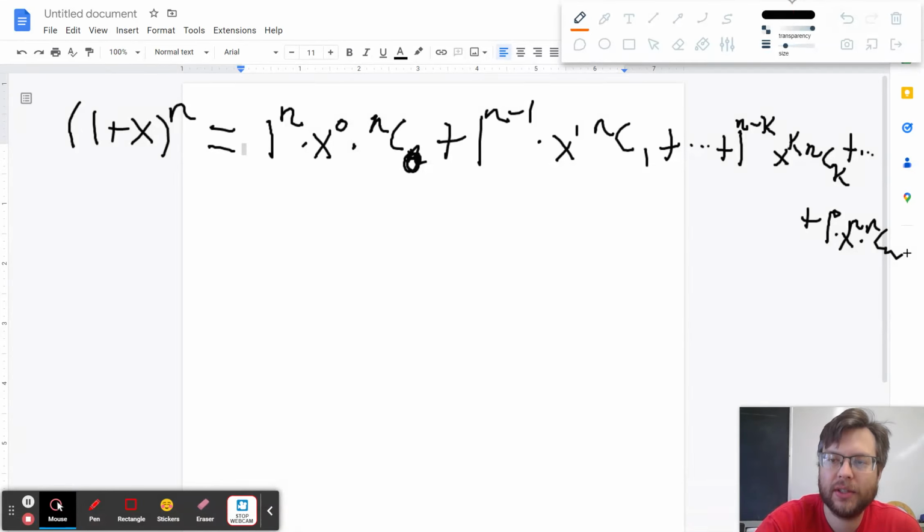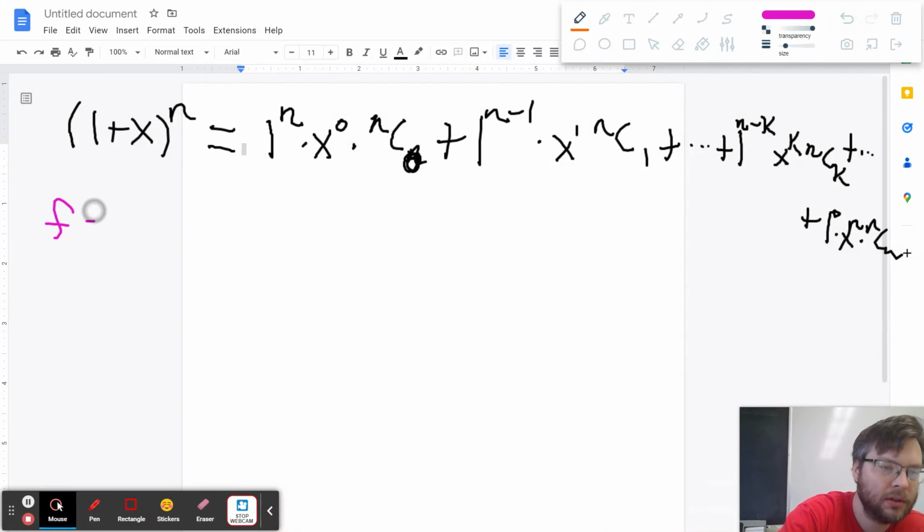So I'm going to switch colors just to show you that I'm doing something different here. Okay, so if we have the original function, then we get (1 + x)^n. The derivative, you multiply the n in front.